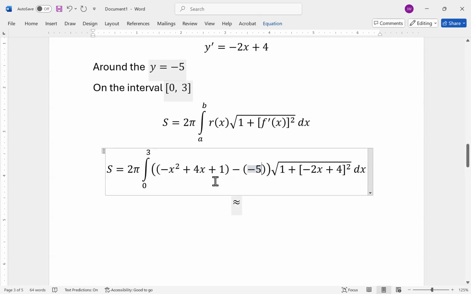If you want to combine these, all you have to do is say +1 plus 5 is going to add to a 6. But when you type it in, just make sure that this entire thing is inside of parentheses and that entire expression is multiplied times the square root. So the derivative there is still -2x plus 4. We're just using a different radius.